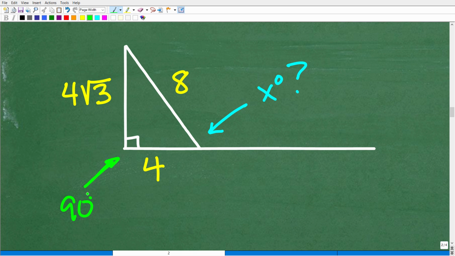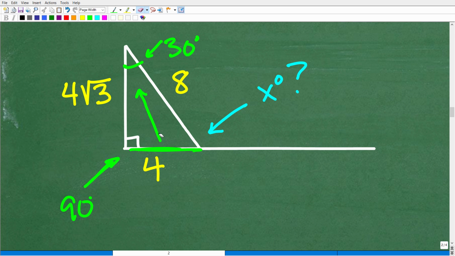So how do we identify where the 30 degrees is and the 60 degrees is? This is a very common place where a lot of math students get this wrong. Okay, so the easiest way to do this is to look for the shortest leg. So here, this is 4. Find the shortest leg in the triangle and then just go to the angle opposite of it. So this right here is 30 degrees. It's the smallest angle to the smallest leg.